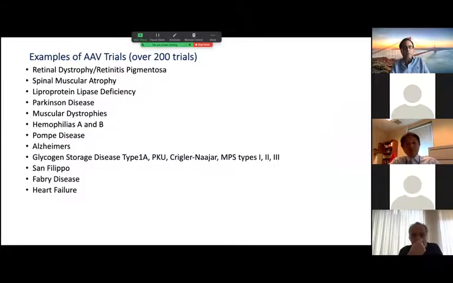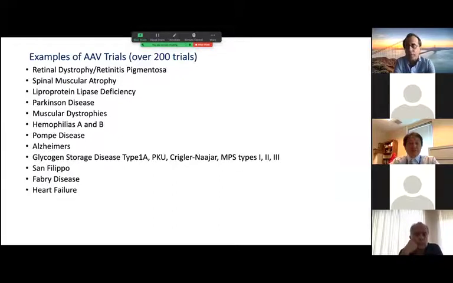If you look at the examples of some of the AAV trials, last I looked recently, there were over 200 trials that have either been completed or are starting. They cover a wide range of disorders.